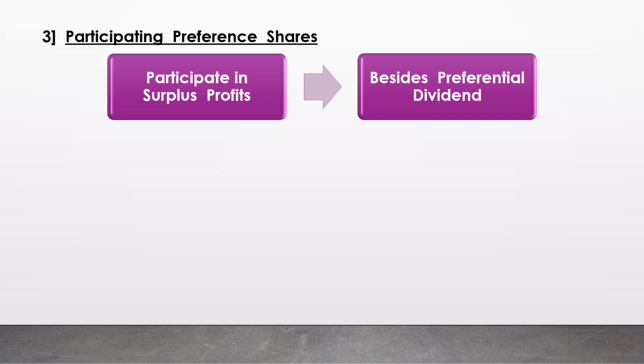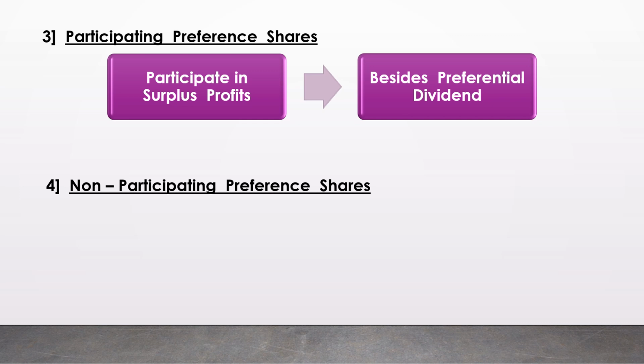Participating preference shareholders are entitled not only to receive their regular dividend, but they also enjoy participation in surplus profits along with the equity shareholders, and it is for this reason that they are called participating preference shareholders.